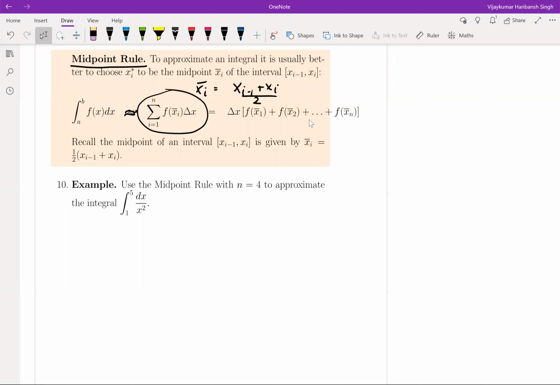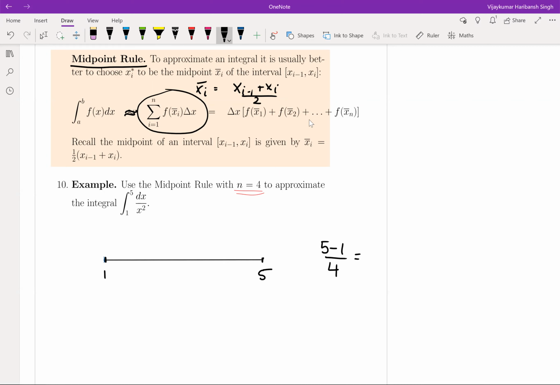So first of all, what we'll do is the following. We will divide this into 4 intervals because n is what? 4. So you have 1 here and you have 5 here. Now, what is the length of each interval? It's going to be (b minus a) by n.